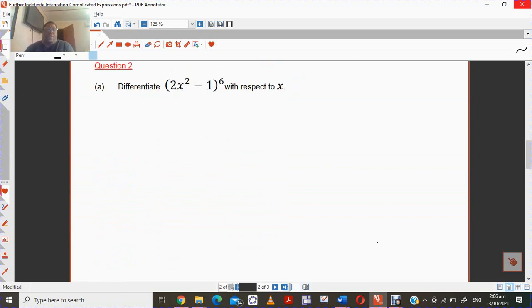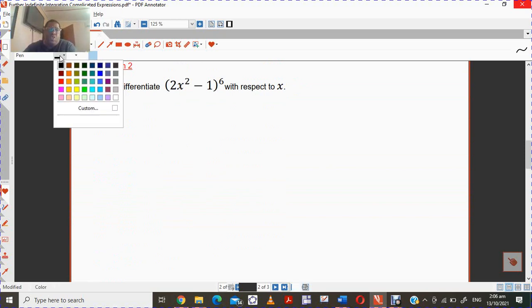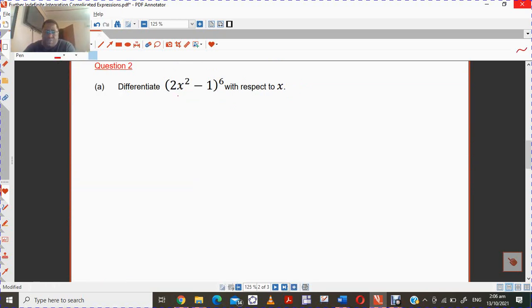Right, so we are now at the same scenario. So hopefully again you have to apply your chain rule. So this is the function. Just remember that. When we have to find the derivative, there are many ways you can do that. You can say, okay, let y equal 2x squared minus 1 all raised to the power of 6, and then you can say dy dx here.